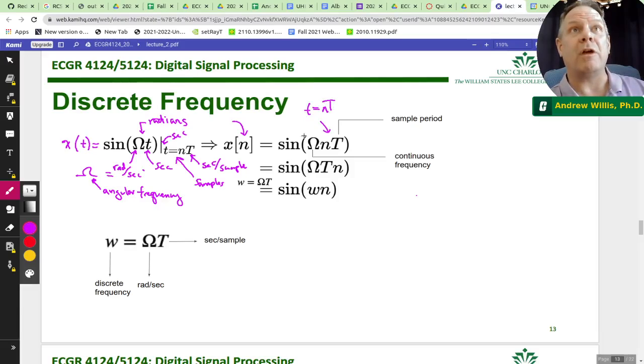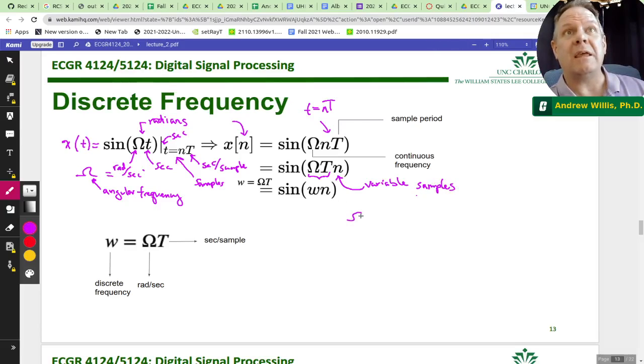Well, now the variable here is n. And we have this new equation for frequency, the thing that multiplies the variable n, which has unit samples.